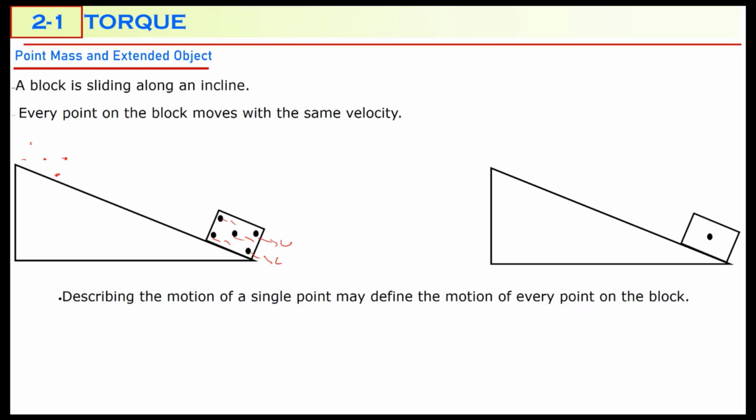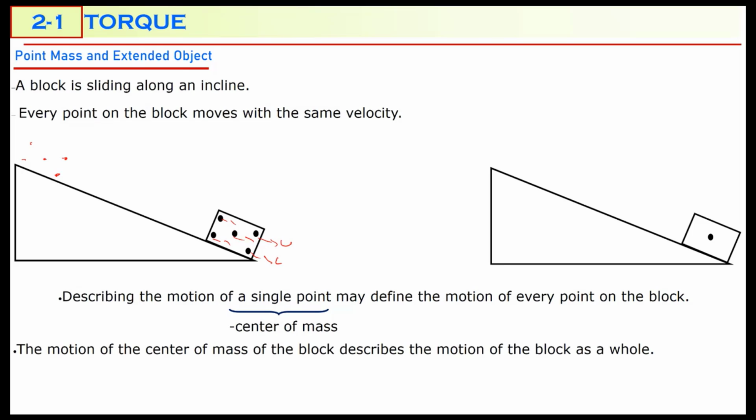As you see in here, I choose only one point. I choose the center of mass. If I define the motion of the center of mass, in fact, I am defining the motion of the object as a whole. Every point on the object is moving with the same velocity as the center of mass of this object.